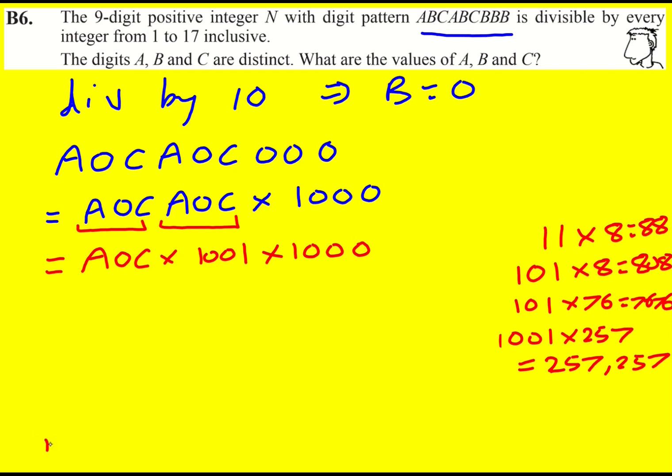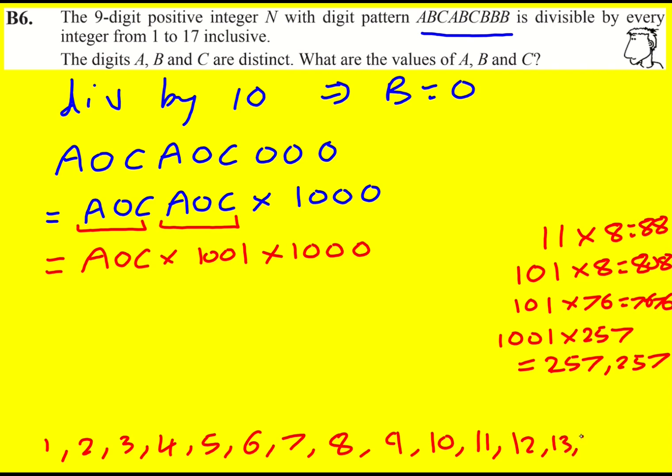So let's just take a little look at where we are and see what numbers we know must go into this number that I've written down. We know that 1 goes into it, no problem.